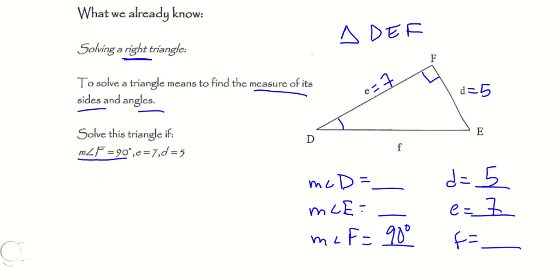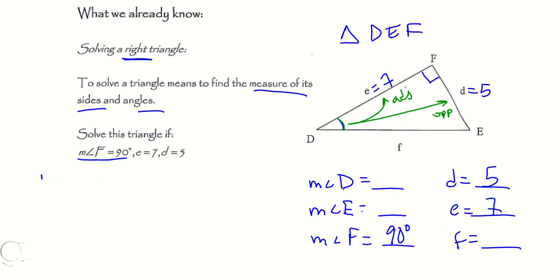If I want to find the measure of angle D, I know two parts of this right triangle from the perspective of angle D. I know the opposite side, and I know its adjacent side. Well, I'm pretty sure it's the tangent that uses opposite and adjacent.